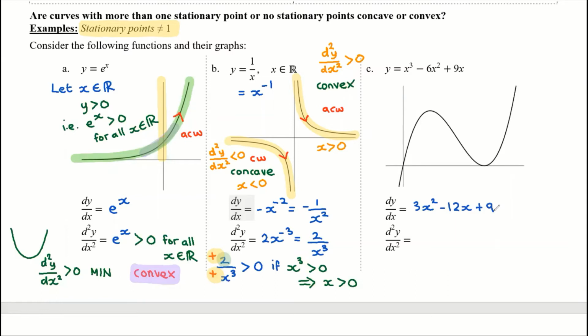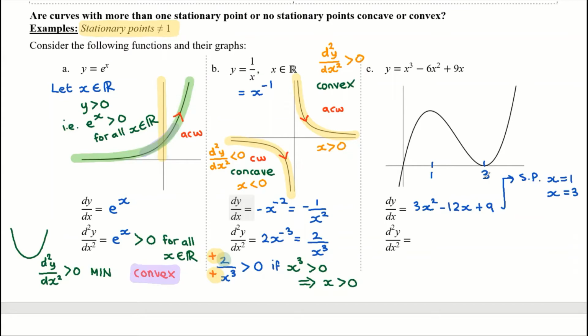Now then, we deduce where the stationary points were. We had x equals 1 and x equals 3. Okay, so we had that labeled on our diagram, and we also drew the graph of the derivative as well.